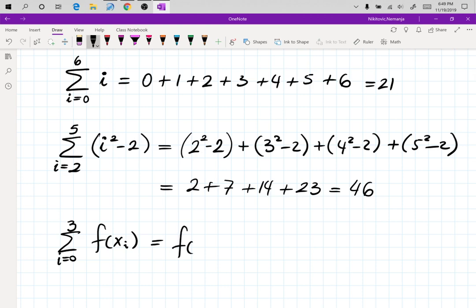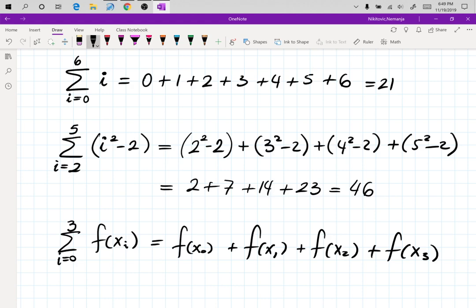This means f of x0 plus f of x1 plus f of x2 plus f of x3, and I have to stop because I reached the integer. So this time I'm not computing with i, it is just the index that we use, and now you know what x0, what x1 and x2 are because you worked out your delta x partitioning, right? So you know what to plug in.